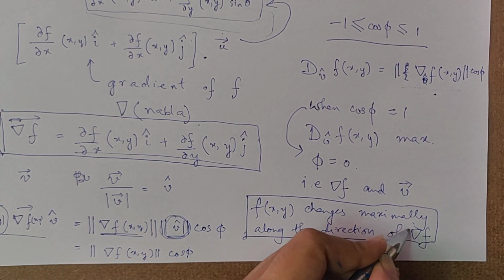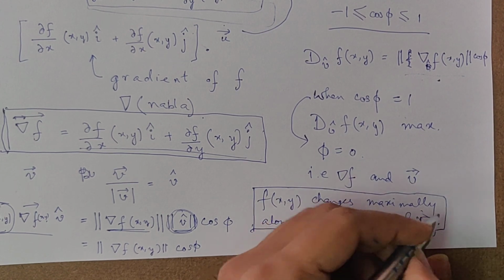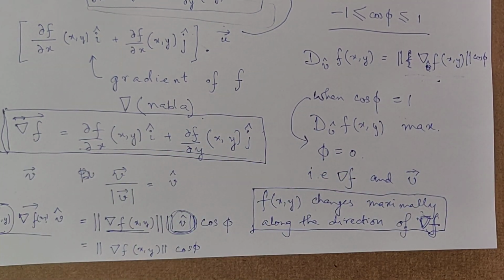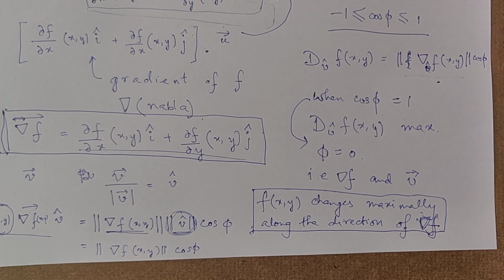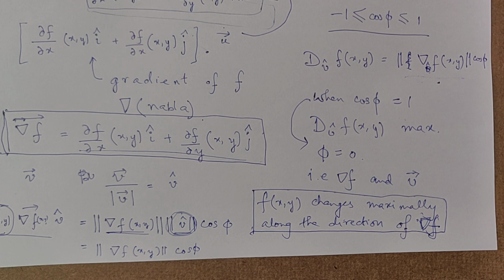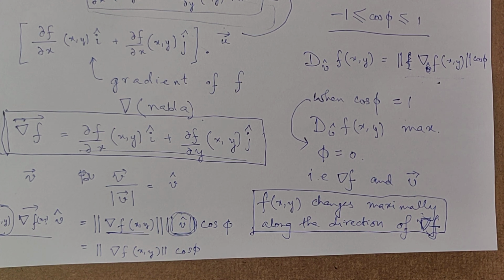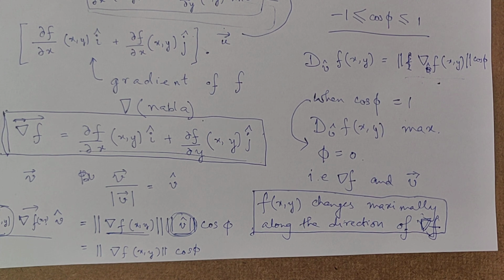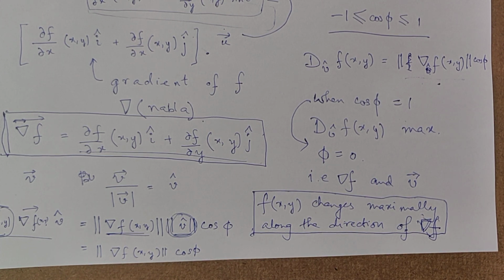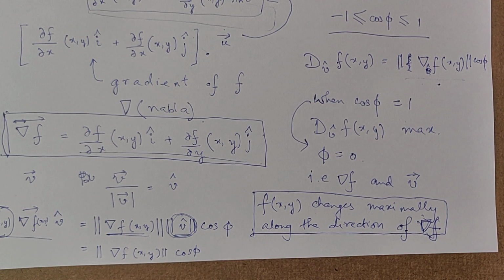I know the direction by this vector grad f. So the gradient gives me the direction of maximum change of f. I repeat, the gradient gives me the direction of maximum change of f. Remember this once and for all.